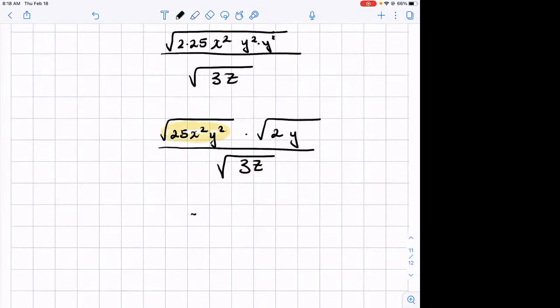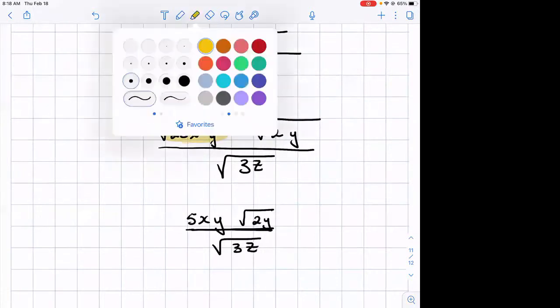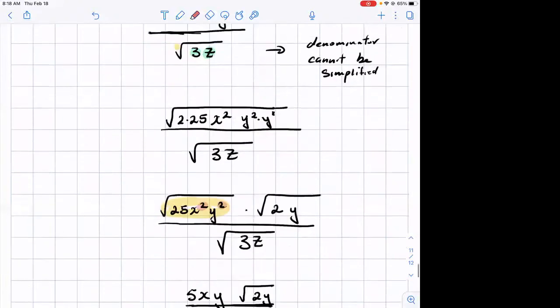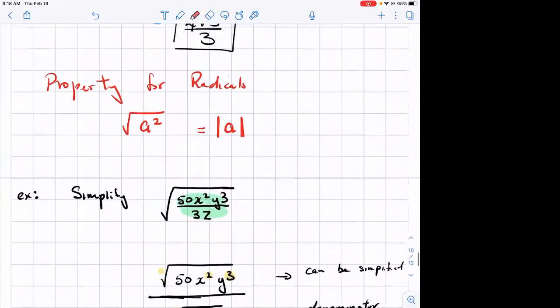So we have 5xy times the square root of 2y divided by the square root of 3z. Now, because these indexes or powers are 2, okay, we use the property, right? We use this property here.